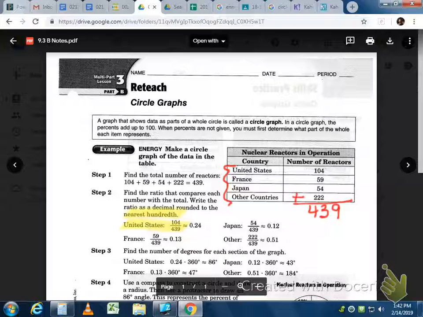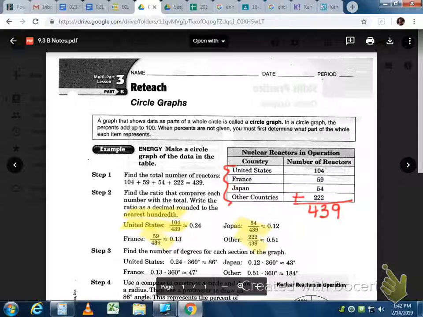0.24, can't we change that to a percentage? What percentage is that? 0.24 is what percentage? 24%. So they use 2 decimal places because it'll be a whole number of a percentage. So every one of those, United States 104 over 439, Japan 54 over 439, France 59 over 439, and other 222 over 439.